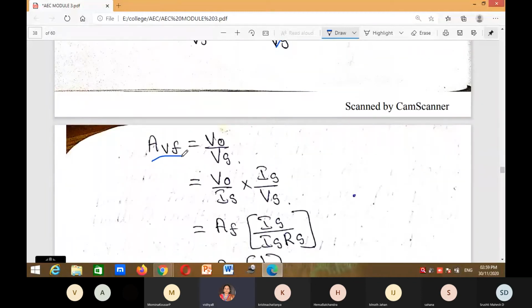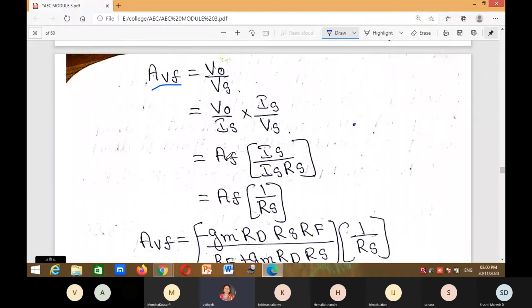This overall, when you consider the source, V0 divided by Vs, that we will split. V0 divided by Is into Is divided by Vs. When you divide the equation, then what you will get? V0 divided by Is, Af, into Is divided by Vs, that is, we have written Vs as Is into Rs.